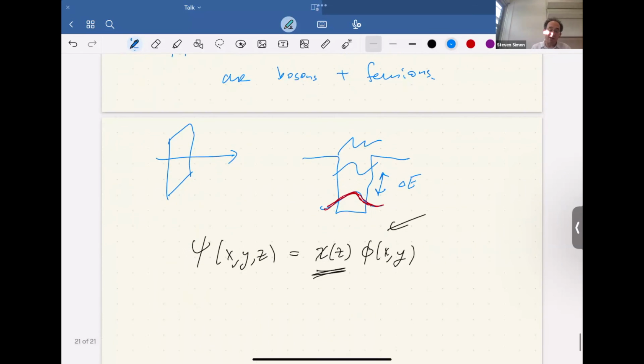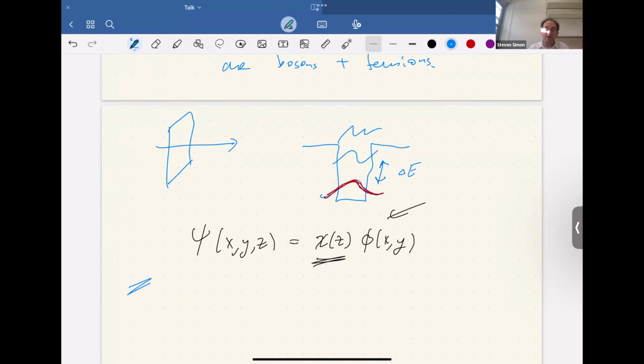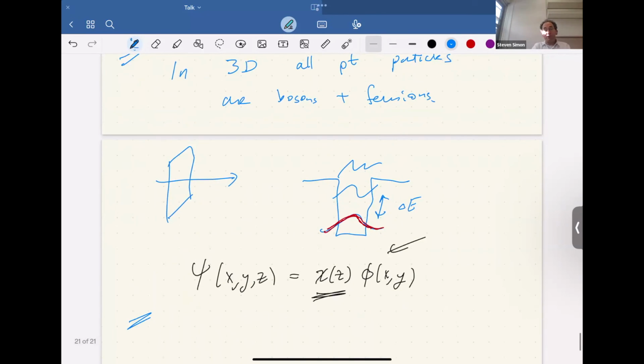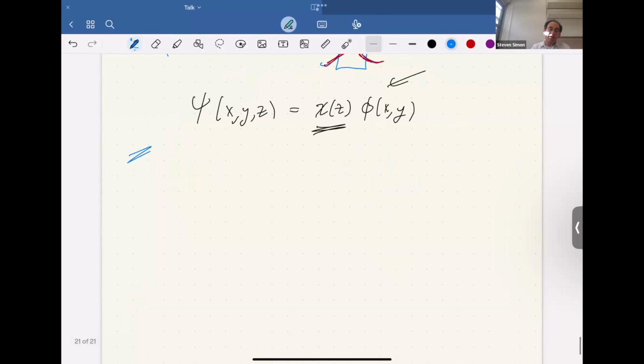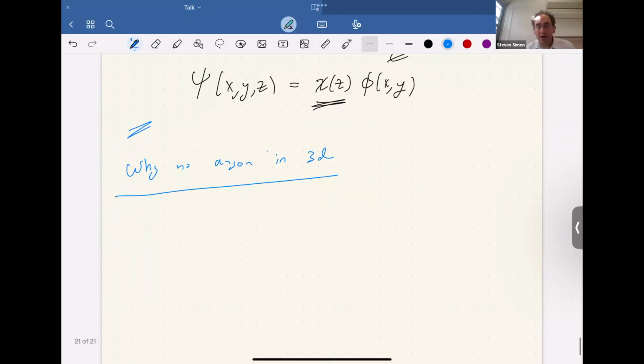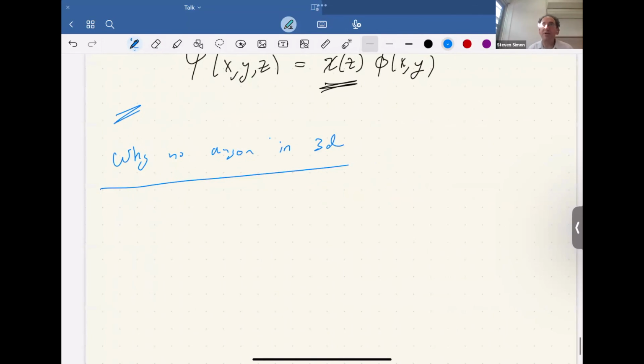That's why, even though we live in a three-dimensional universe, we can do really strictly two-dimensional physics. Now, maybe I should make a comment about why no anyons in 3D, because this is a good question. I won't have time to talk about the experiments, but maybe that's okay.